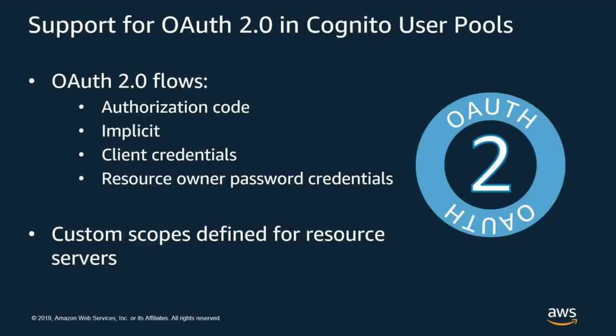Some of them are very standardized, like OpenID or profile or email, that contain a set of attributes. But within Cognito, you can also define your own custom scopes for your own custom resource servers. And that comes into play as we'll talk later on about how you do authorization for your downstream APIs.